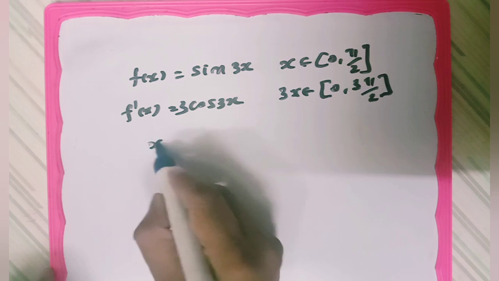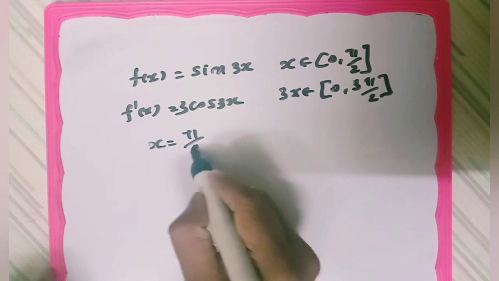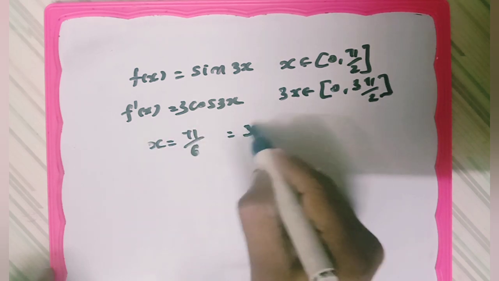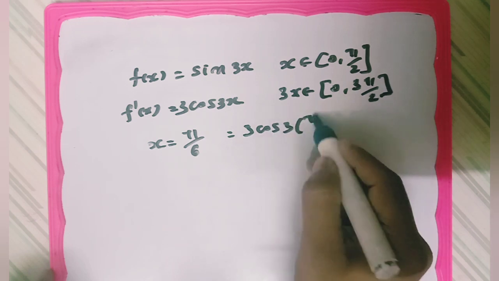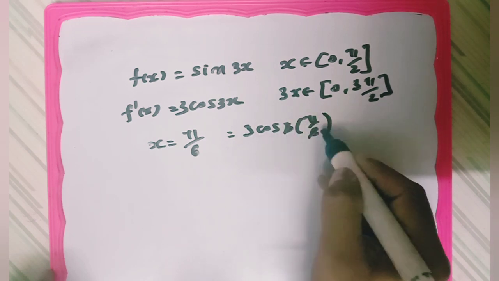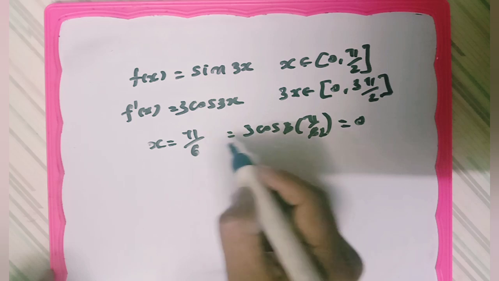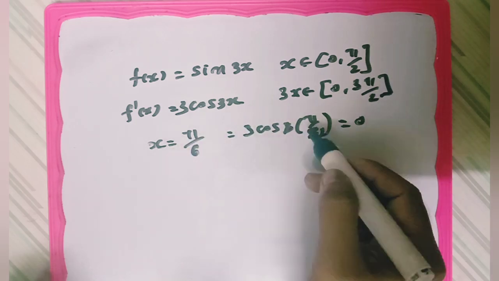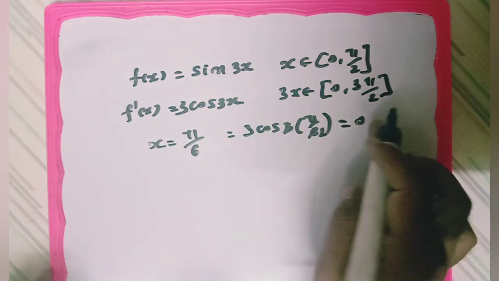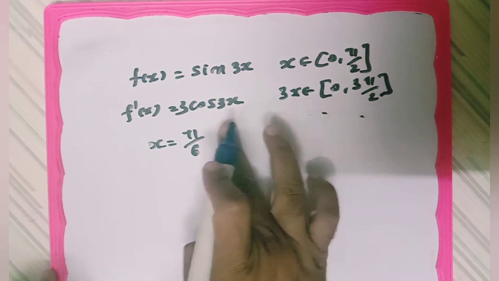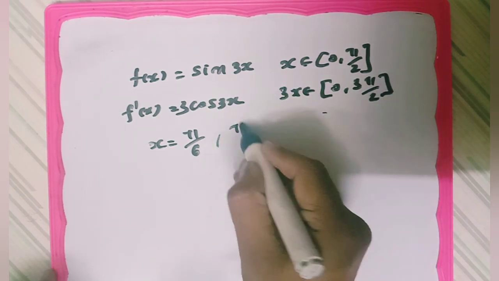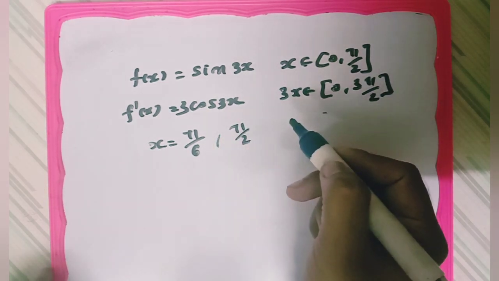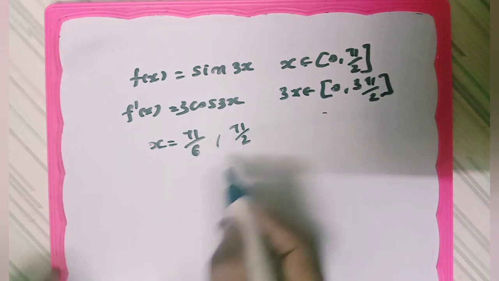For x = pi by 6, 3 cos(3 into pi by 6) is cos(pi by 2), which gives 0. In the same way, pi by 2 gives 3 pi by 2, which gives 0. So x = pi by 6 and pi by 2, the two points give 0.